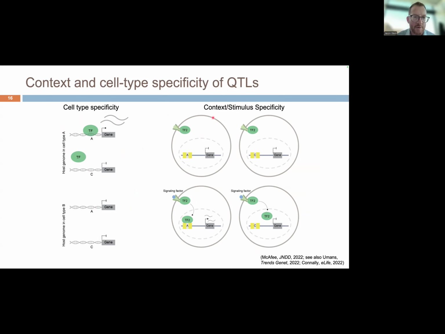They may also be driven by context specificity, where in the absence of a stimulus, a transcription factor does not translocate into the nucleus. But in the presence of a stimulus, a transcription factor can translocate into the nucleus and lead to allelic effects and differences in gene expression. So I'm going to talk to you about how we're assessing both cell type and context specific QTLs.